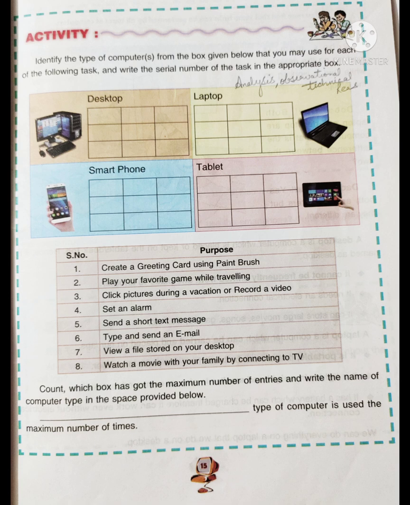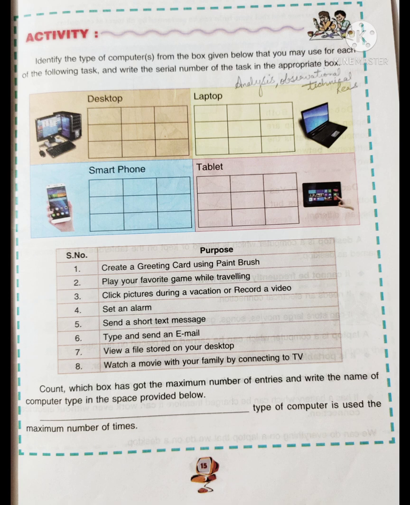After completing, they are saying count which box has got the maximum number of entries and write the name of the computer type in the space provided below. So if you can see, there is a long line at the bottom of this page. You will count. You are not supposed to add those numbers.